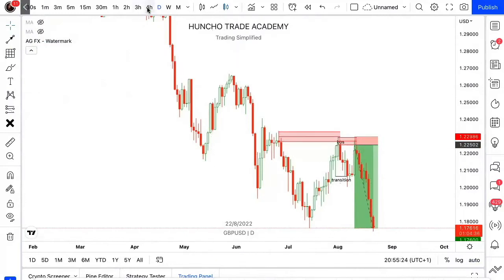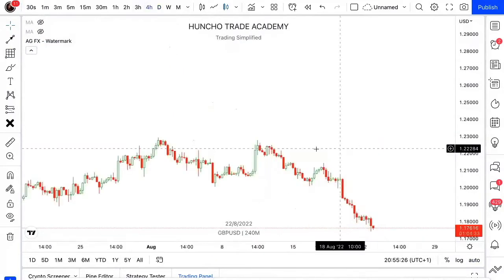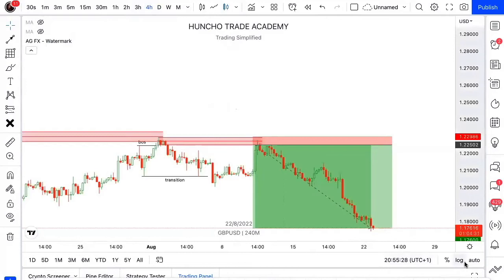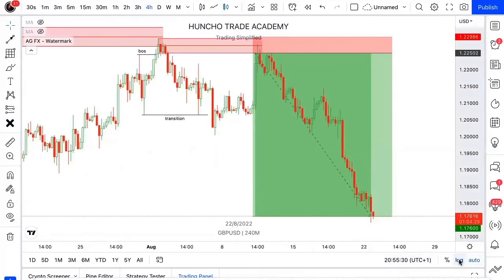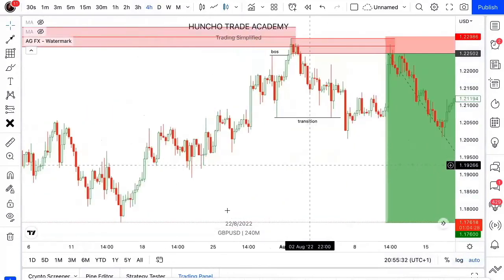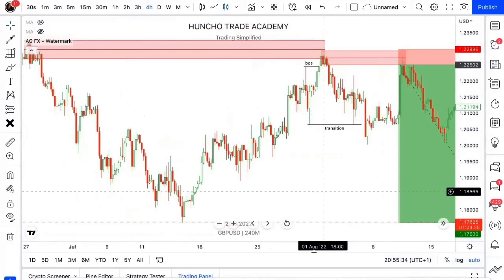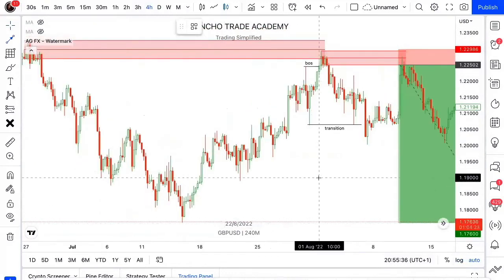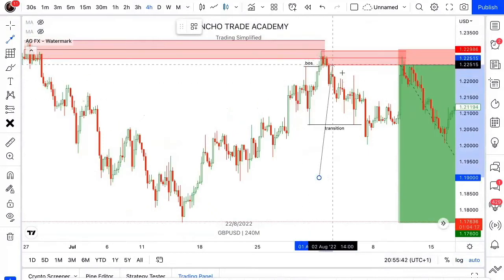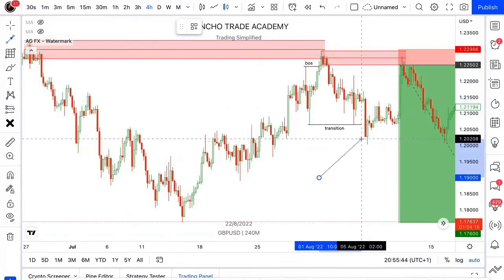So going to the 4 hour chart, you notice when price tapped into our point of interest, which is the supply zone on the daily chart, price then gave us a shift in market structure.